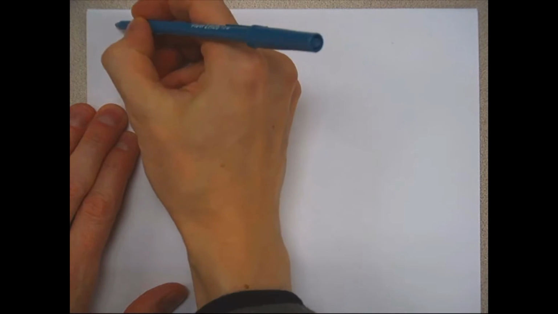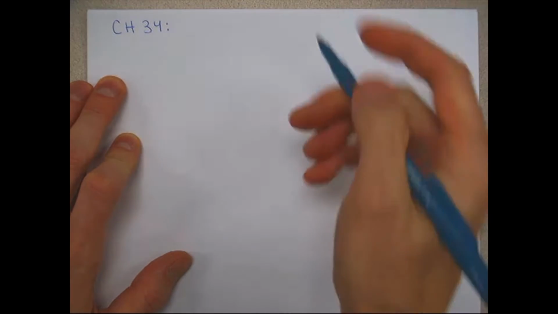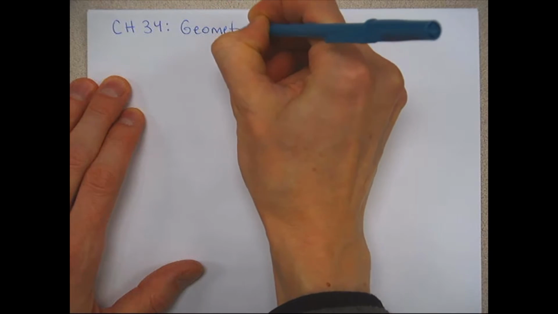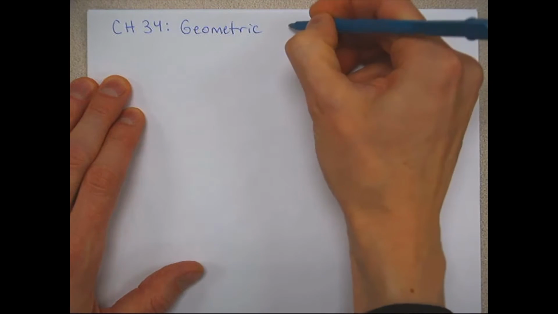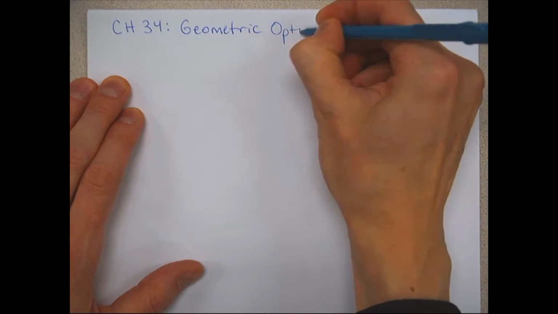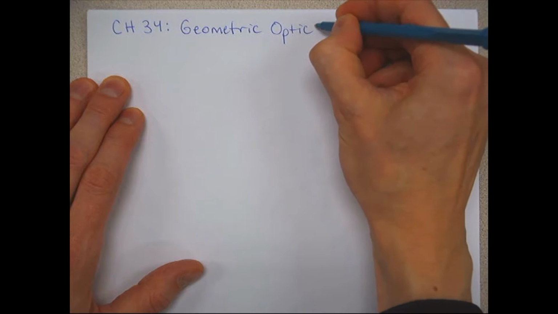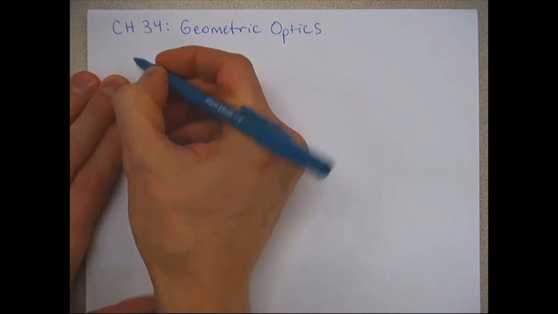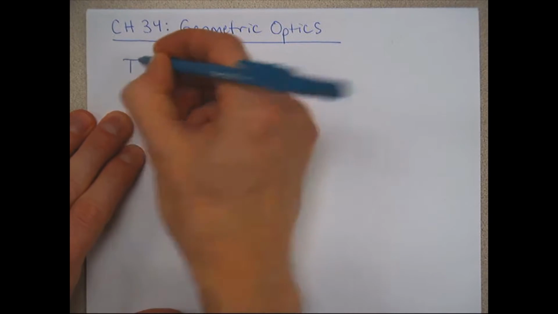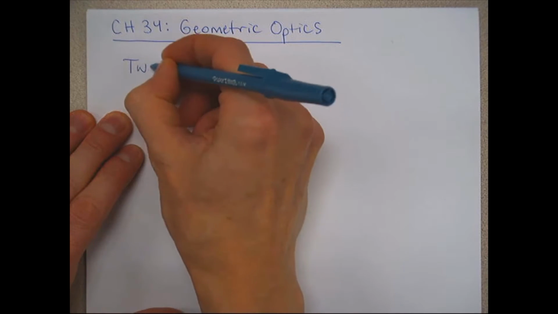And the textbook, chapter 34, lays out the rules for this behavior of the light interacting with lenses. We call this geometric optics, and we'll deal with two basic types of lenses.